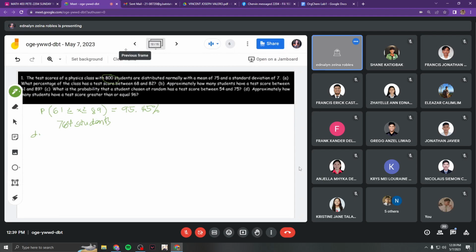Diba? You can also get it using the definite integral from 75 to 84 of e raised to negative (x minus 75) squared over 2 times 7 squared, all over 7 times the square root of 2 pi dx.